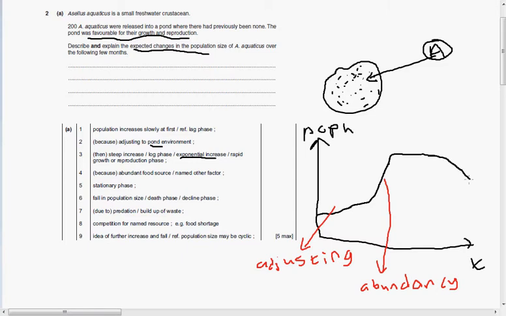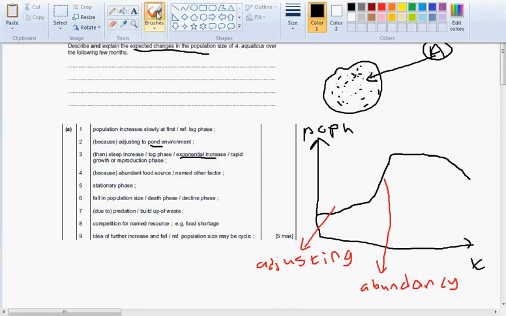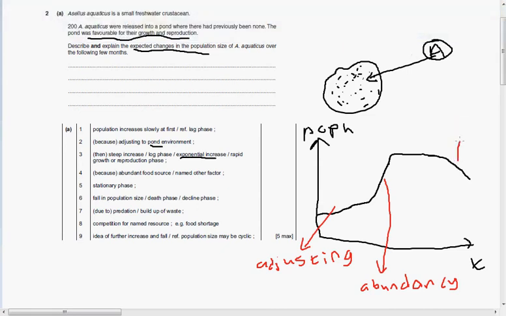Now what happens in the fall is there is predation. In the fall, normally we have predation.